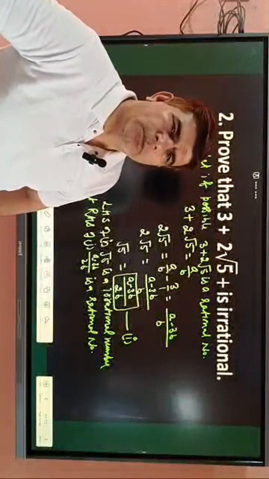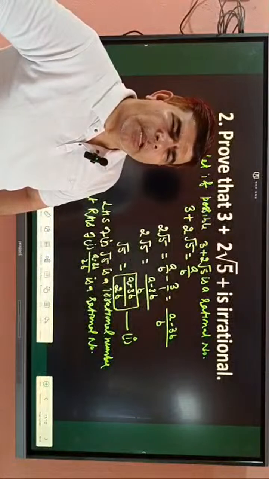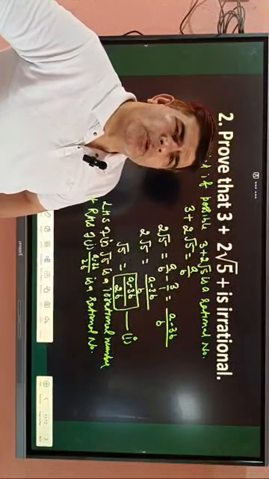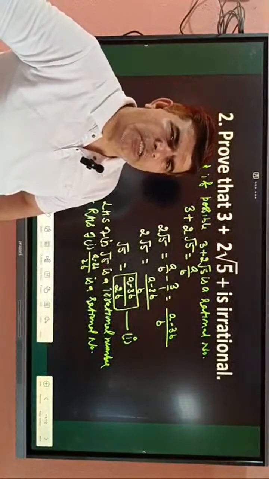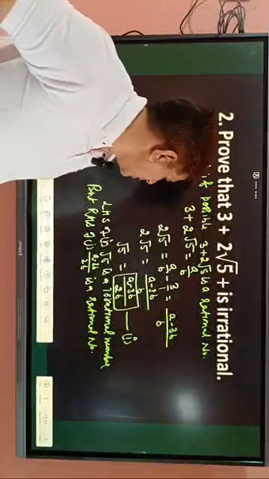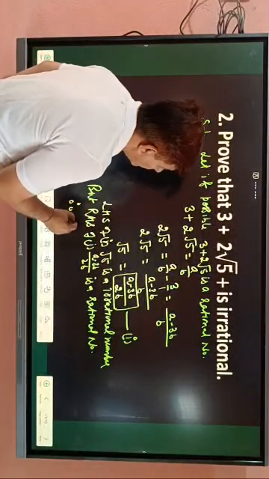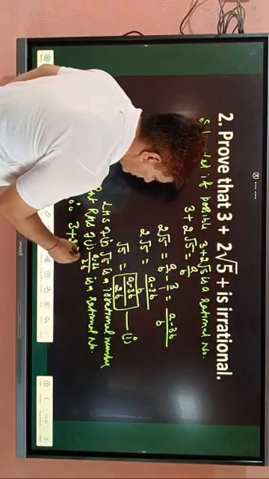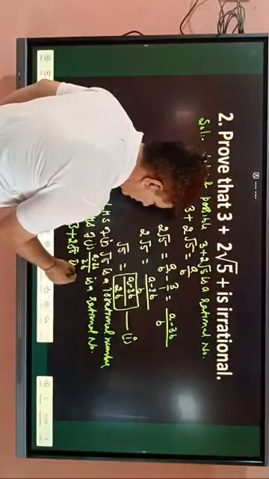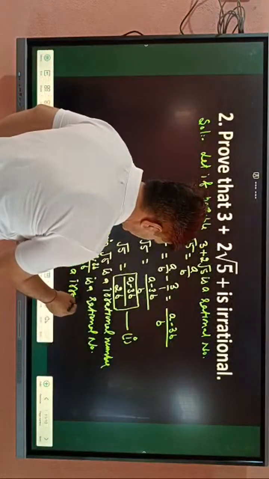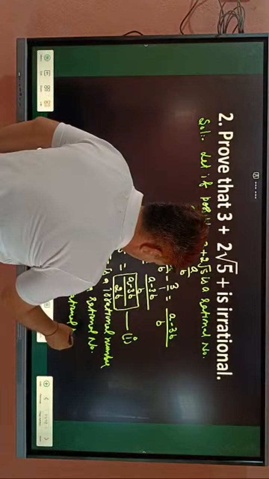Not. We can compare only when both are like terms. So rational and irrational are unlike terms. Hence, our assumption is wrong. Therefore, 3 plus 2 root 5 is an irrational number.